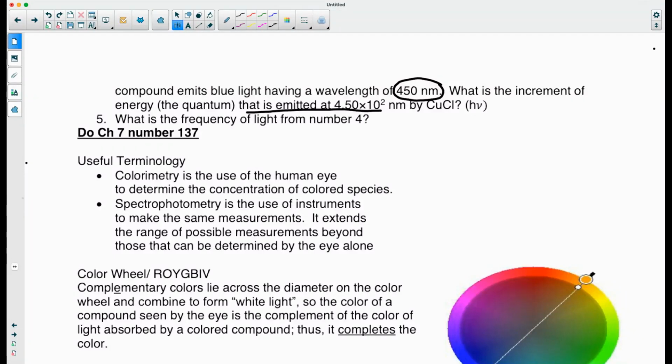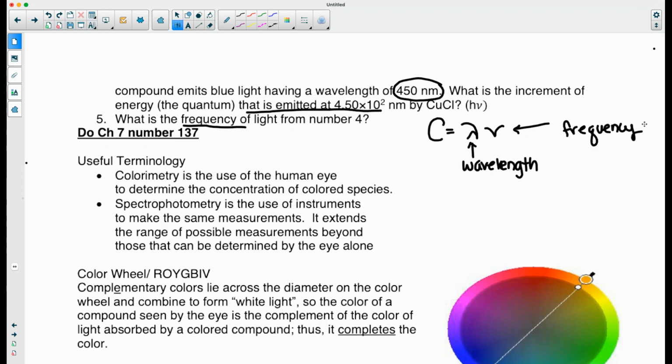So for this question, they ask about the frequency and they ask about the energy. Now, it actually turns out that we need to find the frequency first because we are going to use c equals lambda nu to use the wavelength to find the frequency using the speed of light.